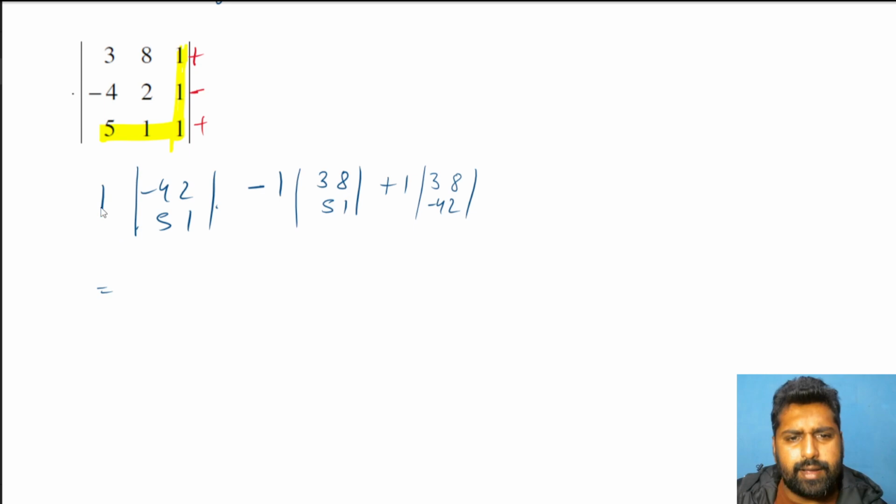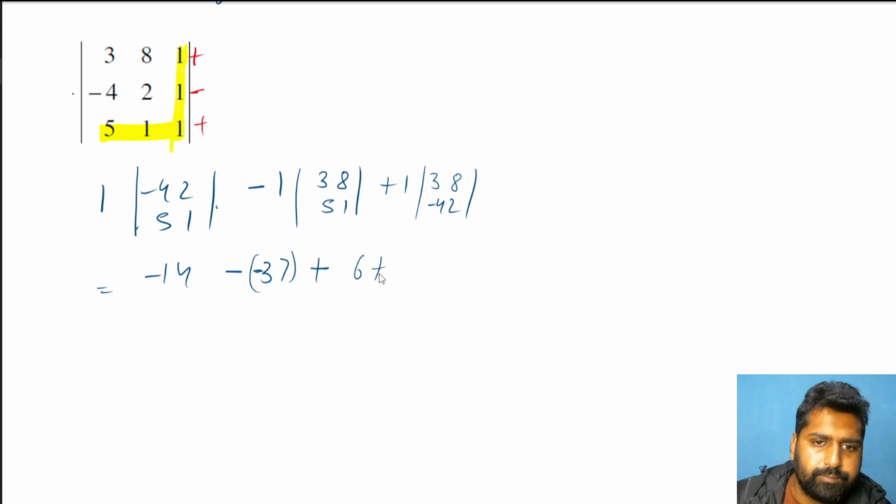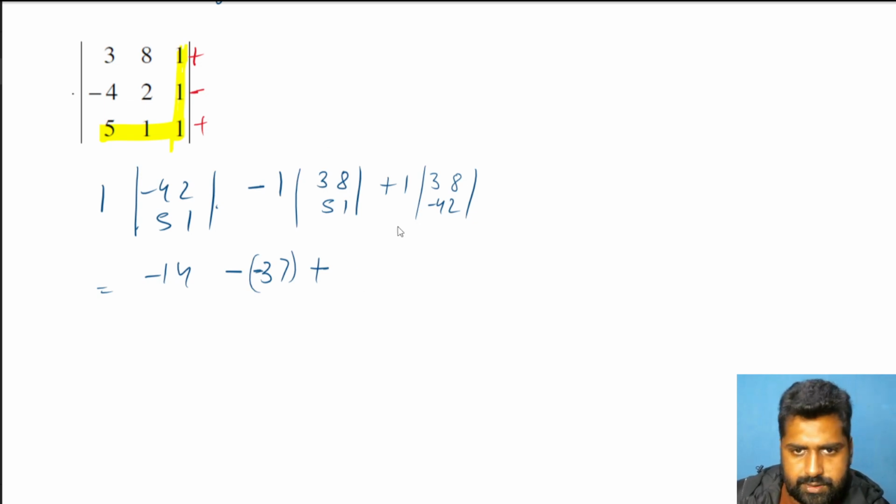Since the outer element was 1, we don't have to literally multiply anything, just solve the determinants. So minus 4 minus 10 is minus 14, negative of (3 minus 40) is plus 37, plus (6 plus 32) is 38.